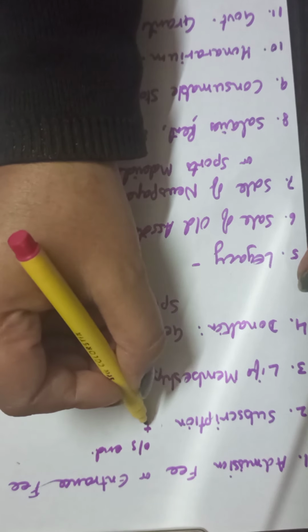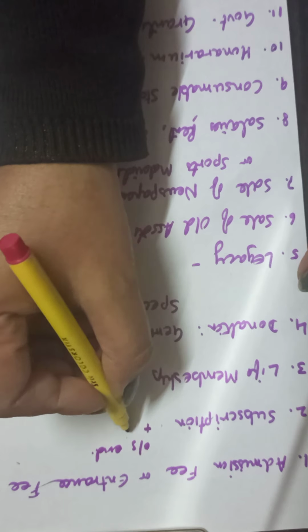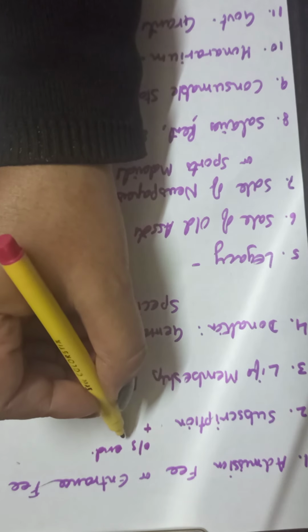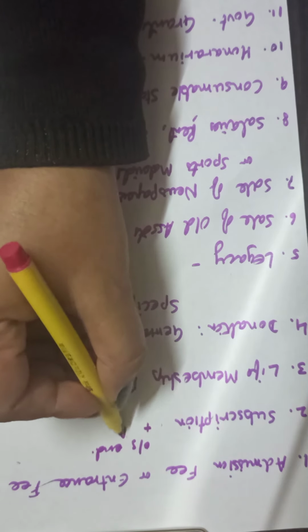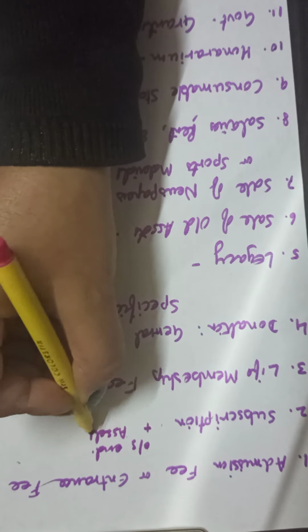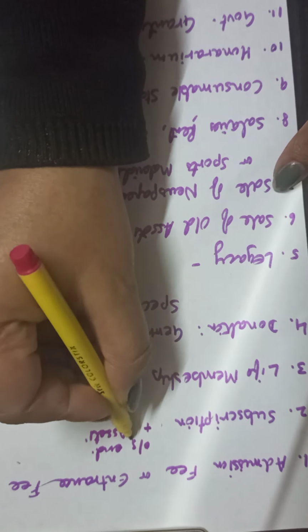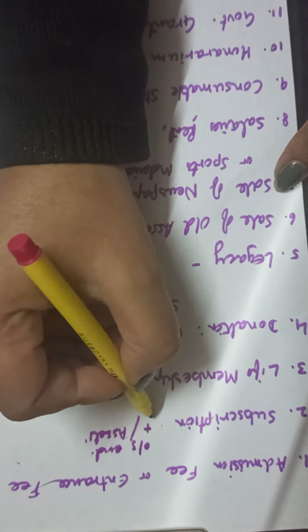Because it is outstanding, subscriptions outstanding are assets for us, shown on the asset side of the balance sheet. So this is the first treatment.